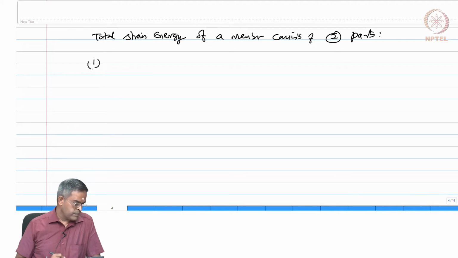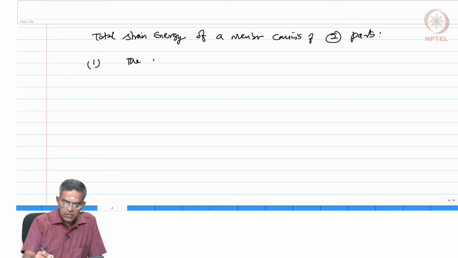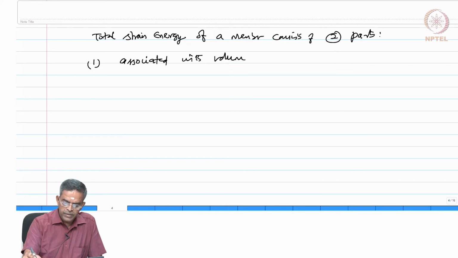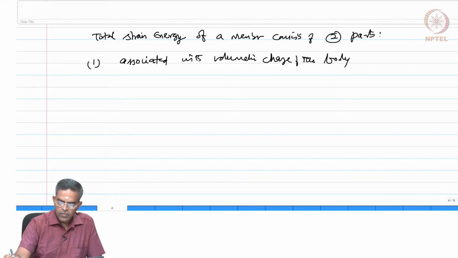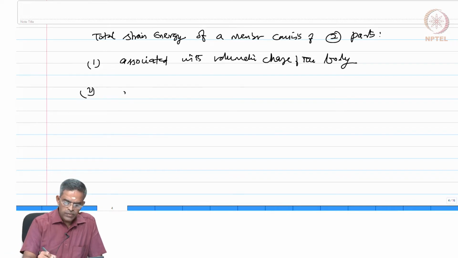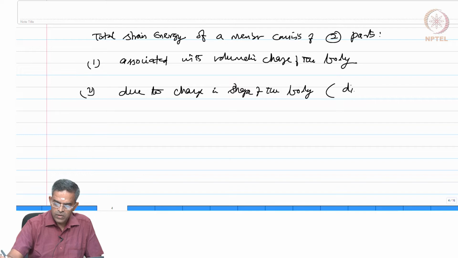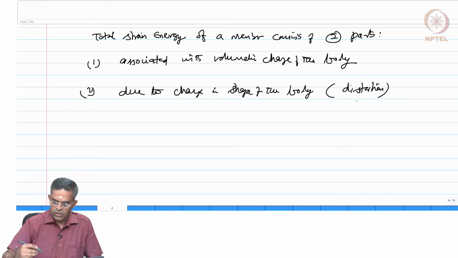One, the one which is associated with volumetric change of the body, and the other, the one which is due to change in the shape of the body, which we call distortion.